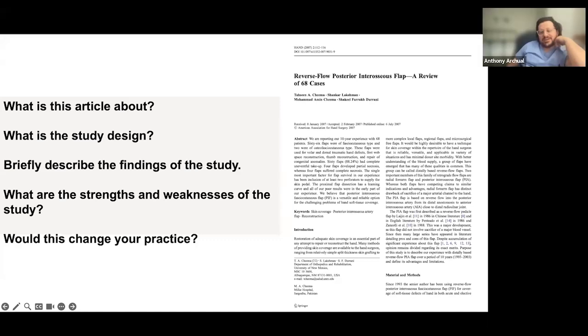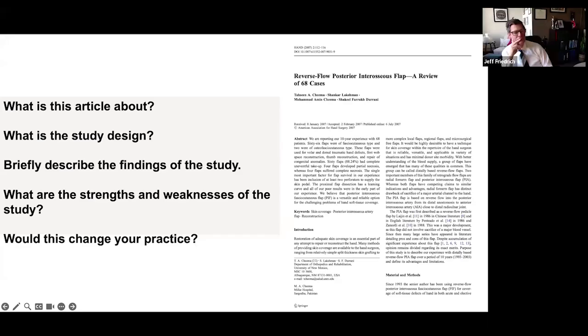I think every time you talk about, especially dorsal hand wounds, the PIA flap's going to come up, and this paper is really nicely done. It's 68 cases. At the time it was published in 2007, it was the largest case series of these flaps. They go through the history of the PIA flap and the anatomy of it. Authors do a retrospective review of 68 patients.